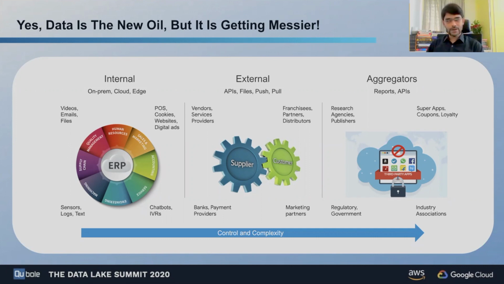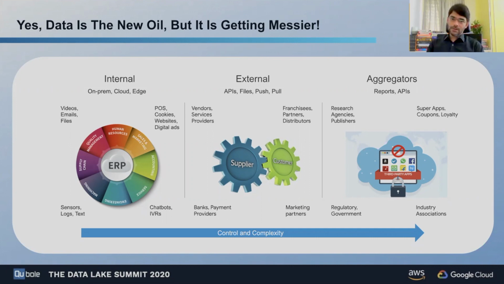There are videos and emails, structured and unstructured data, point of sale systems, your websites, cookies, and your ad and marketing tracking related data. If you're working with any external vendors or service providers and consuming their services, there is data generated there as well. There are aggregators, multiple reports, etc., that you need to build, right?